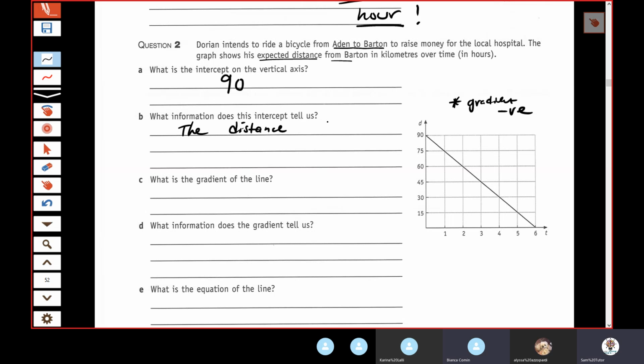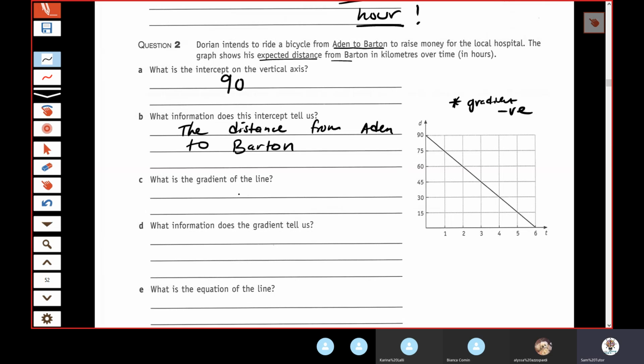The distance from Aden to Barton. And then as time goes by, the distance is less and less. It's only 45 to go, 30 to go, 15 to go. You've reached it.